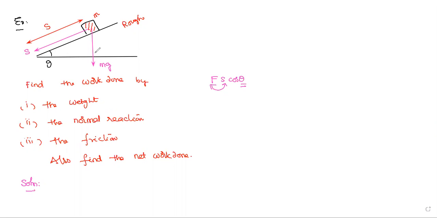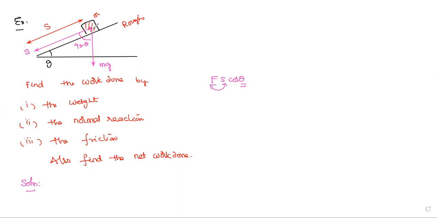This is theta in the right angle triangle. If it is theta, then the angle between these two is 90 minus theta, because it is a right angle, 90. In the triangle one angle is theta, so the other angle will be 90 minus theta.